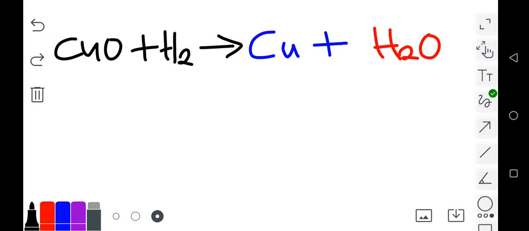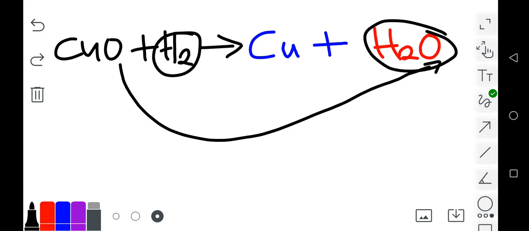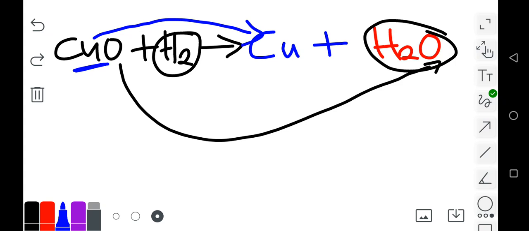So you can see clearly now that this oxygen has been lost, and then it went on to combine with the hydrogen in order to form the water. And now this copper alone is what we have right there. Okay, so that's what is happening.